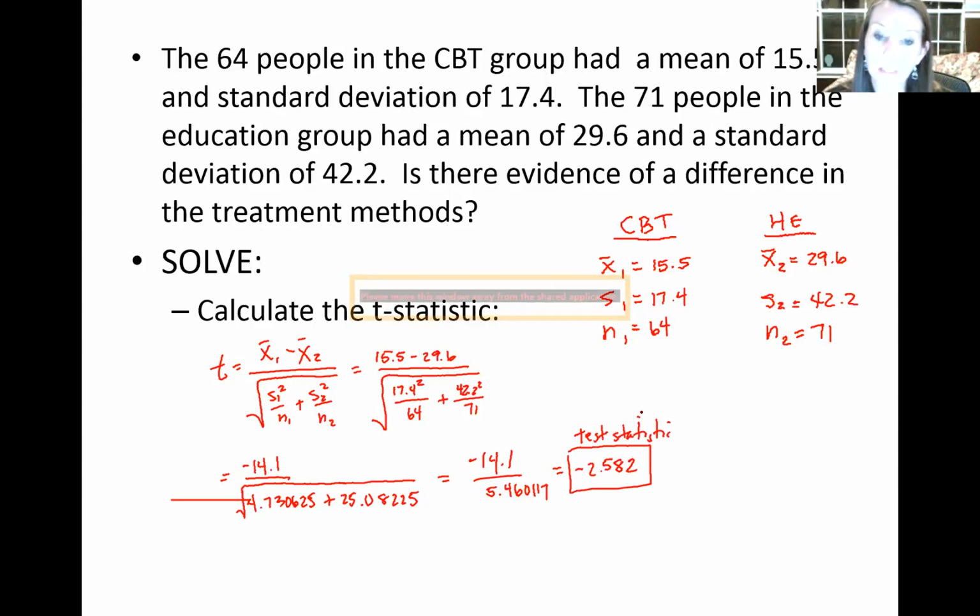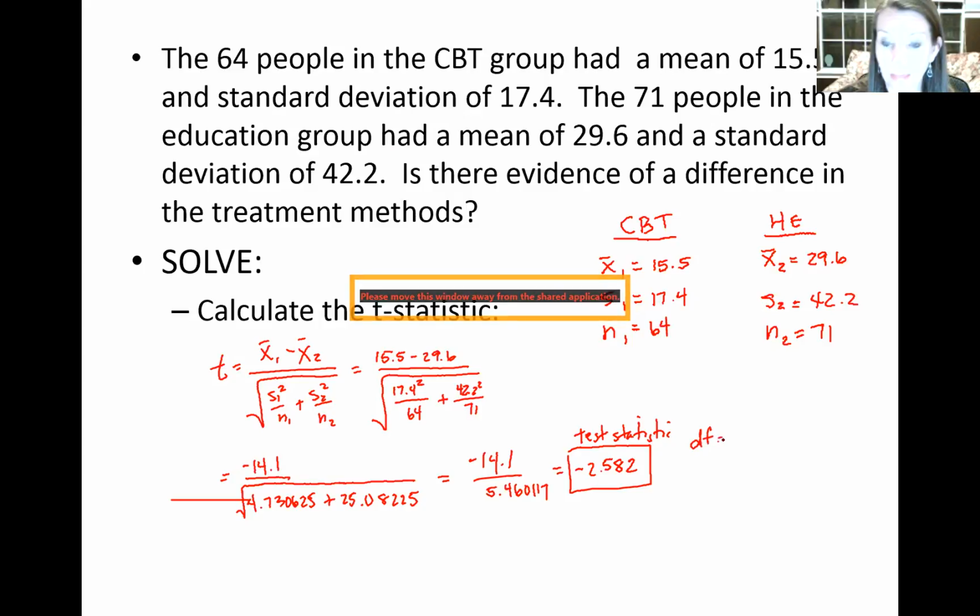Okay, when we're dealing with means in this unit, then the appropriate table to use to help us find our p-value is going to be table C. In order to use table C, there's an extra piece of information that we need to know, and that is the degrees of freedom.